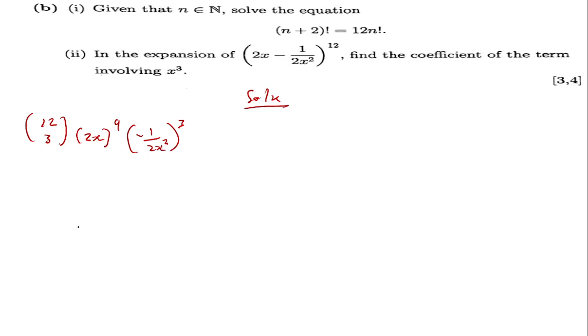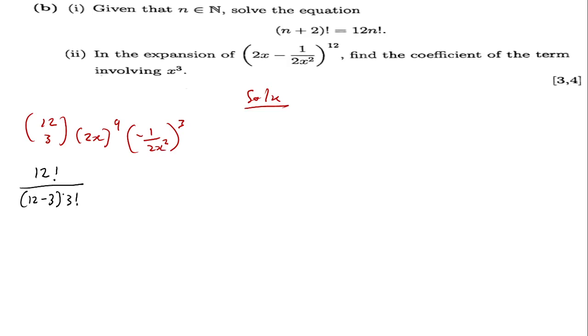So 12 combination 3 is something that we can work out easily. We can say it is 12 factorial over 12 minus r, which is 3, and then 3 factorial.